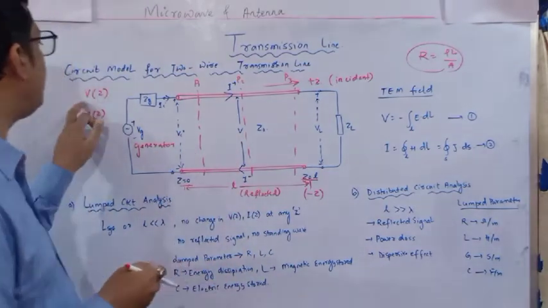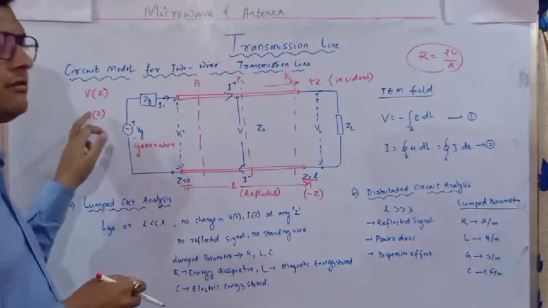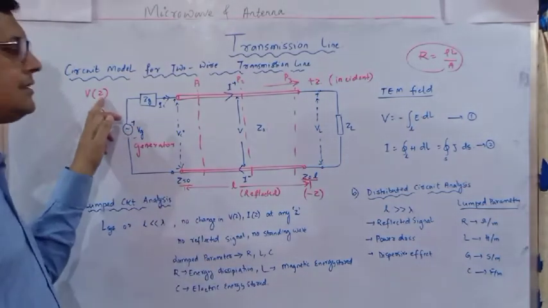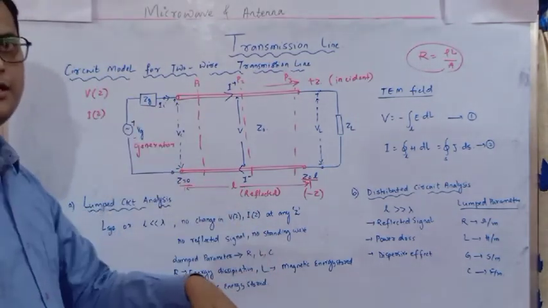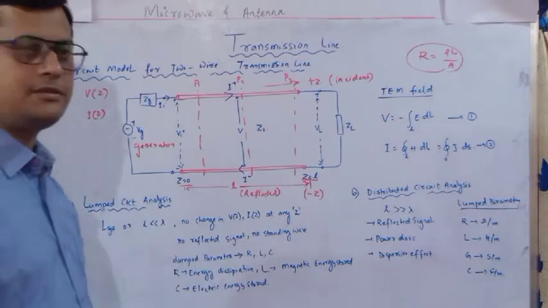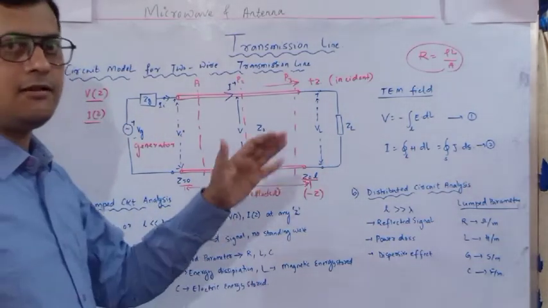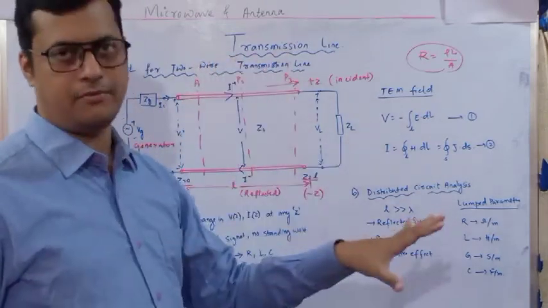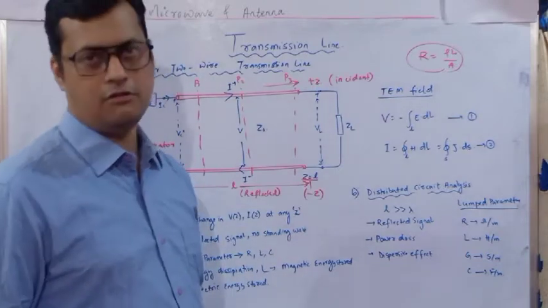So V is a function of Z and I is also a function of Z. Here Z is the independent variable but V and I are the dependent variables. If you change the value of Z, your potential and current are going to change. That is the concept behind the two-wire line, or when it is used for transmission purposes. With respect to length, your potential and current are going to change.